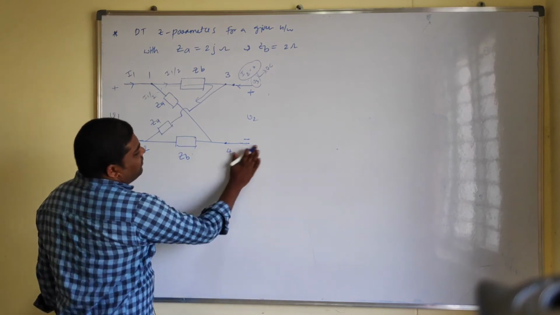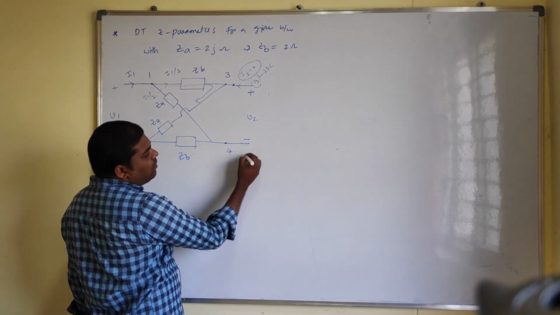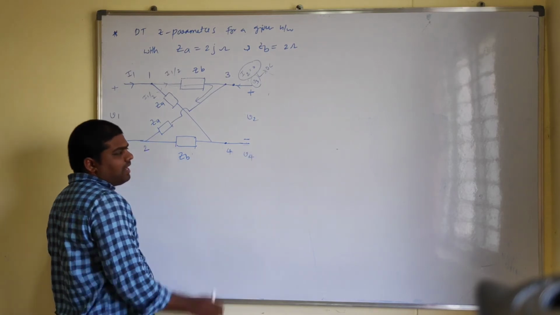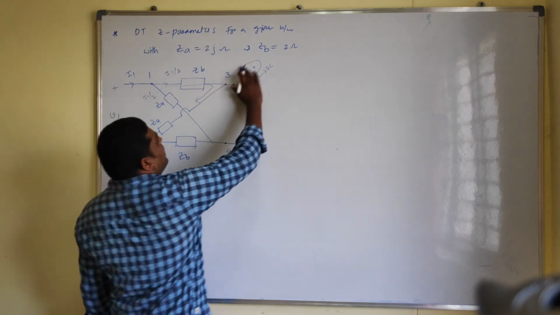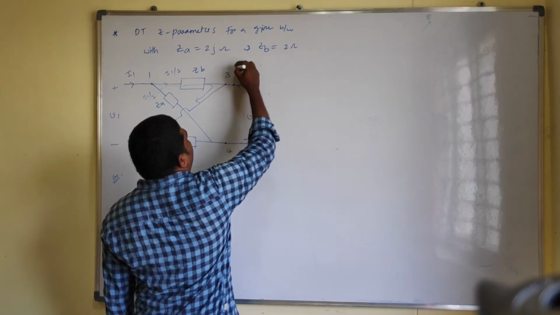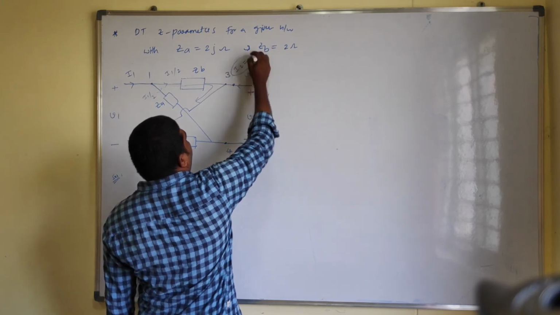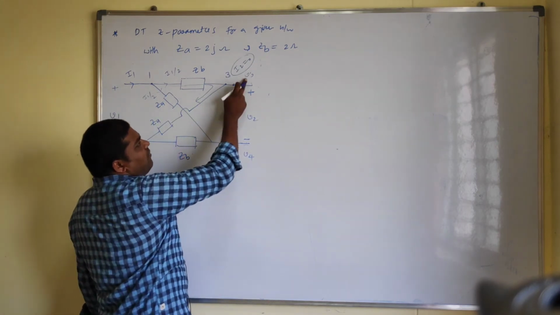This is the V4 voltage, that means at terminal 4 we have some voltage drop V4. We can assume it as V4, right? Clear. Now this terminal voltage is V3. So here I2 equals 0.